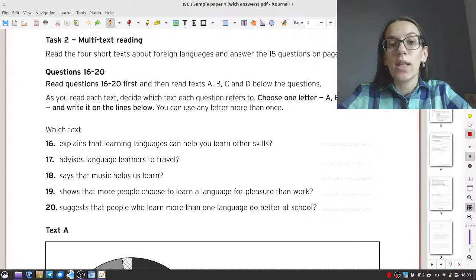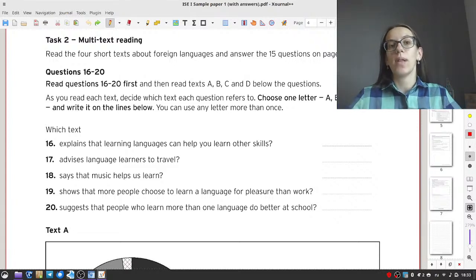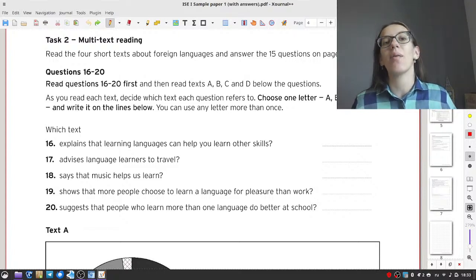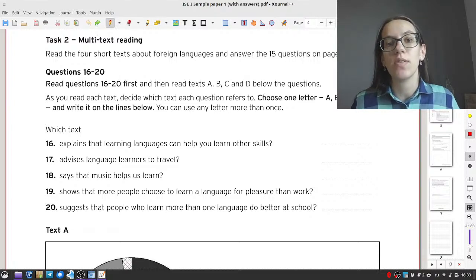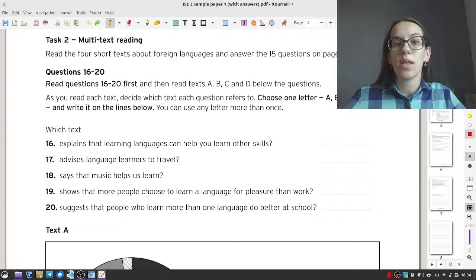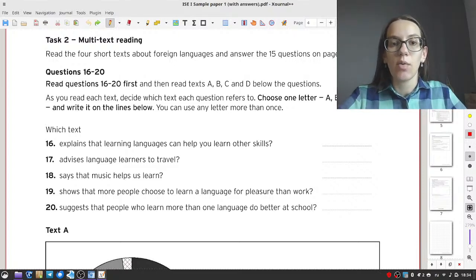It's a B1 level exam, so if you're planning to take this exam, maybe you might need to take it if you want to get a British visa for certain types, not for all types of British visas, but for some types of British visas you may need to take this exam, or another equivalent exam. If you're preparing for a different exam, for this level it can still be useful for you to look at these tasks to see how to do them.